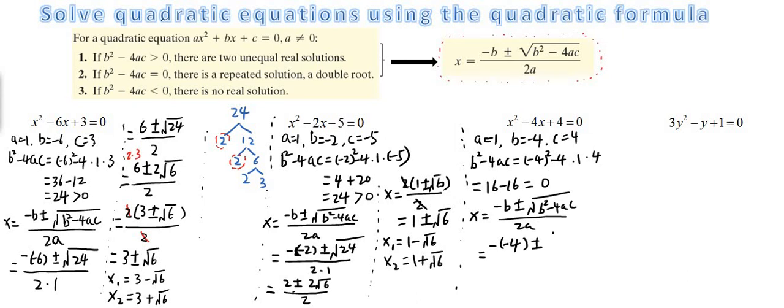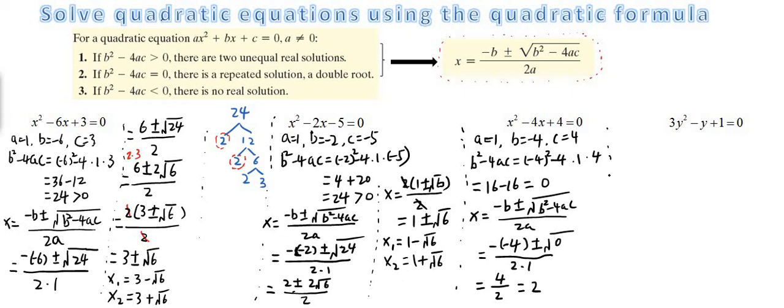And the square root of b squared minus 4ac, that is 0, divided by 2 times a, which is 2, and we can simplify it. Here negative negative is 4 plus or minus 0, square root of 0 is 0, so by itself we're going to get 2. So the solution for this quadratic equation is 2.